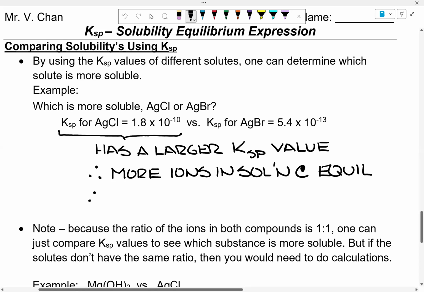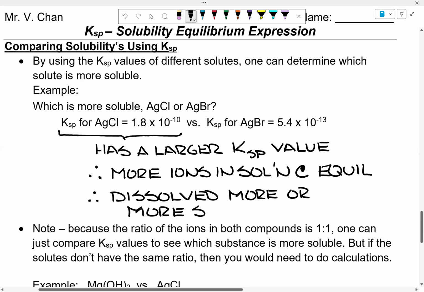So therefore, it's considered dissolved more, or more soluble. So what you can see is a larger KSP value means there's more ions in solution, it dissolved more, or is more soluble.